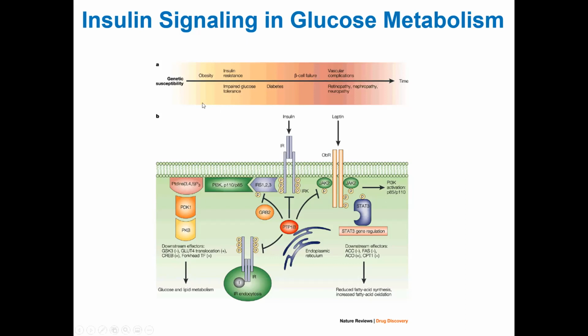But in A, what I'm showing you is that certain people have a susceptibility towards obesity. They eat little, but they tend to put on weight. And if they don't take control of their obesity, eventually it will lead to type 2 diabetes, which involves insulin resistance. Once you have insulin resistance, you will have impaired glucose tolerance.